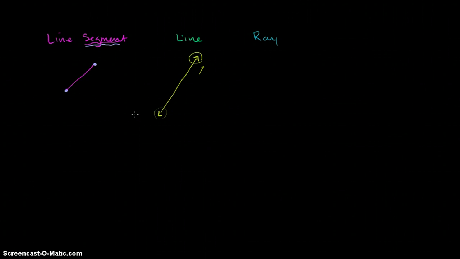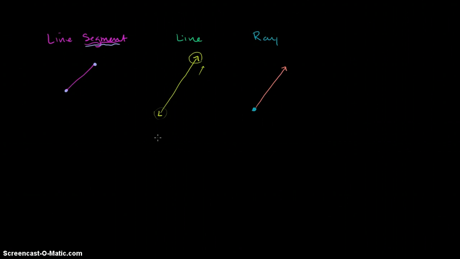And so the mathematical, purest geometric sense of a line is this straight thing that goes on forever. Now a ray is something in between. A ray has a well-defined starting point, so that's its starting point, but then it just keeps on going on forever. So the ray might start over here, but then it just keeps on going. So that right over there is a ray.